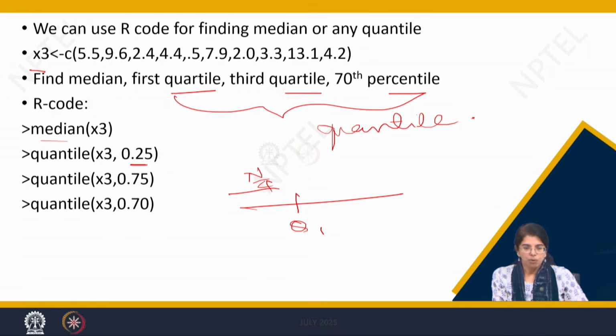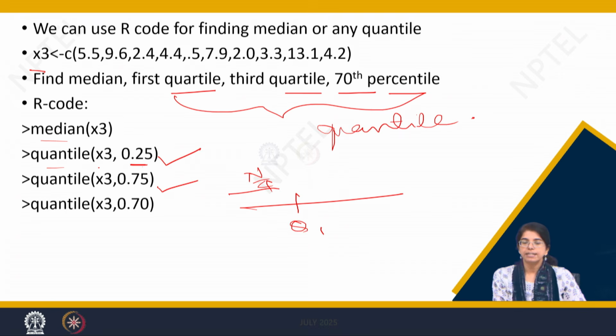So, quantile of x3 means out of these observations which one will be the first quartile, and for the first quartile the probability below it is n by 4. So, n by 4 means the probability is 1 by 4, and that is 0.25. That is what I am writing here, 0.25. For the third quartile it will be 0.75.